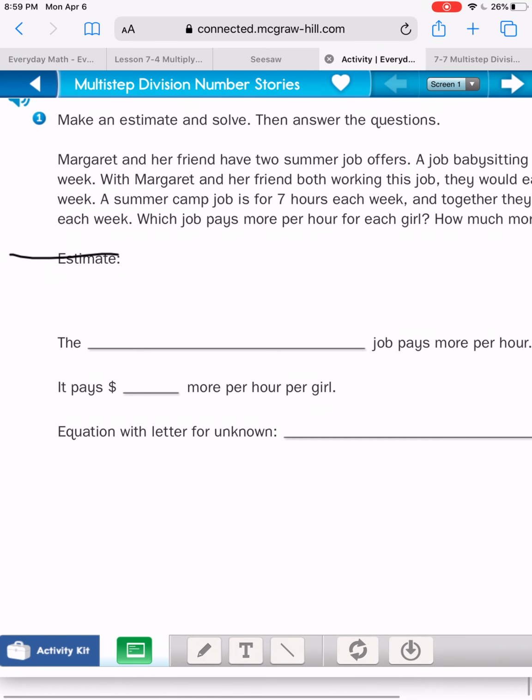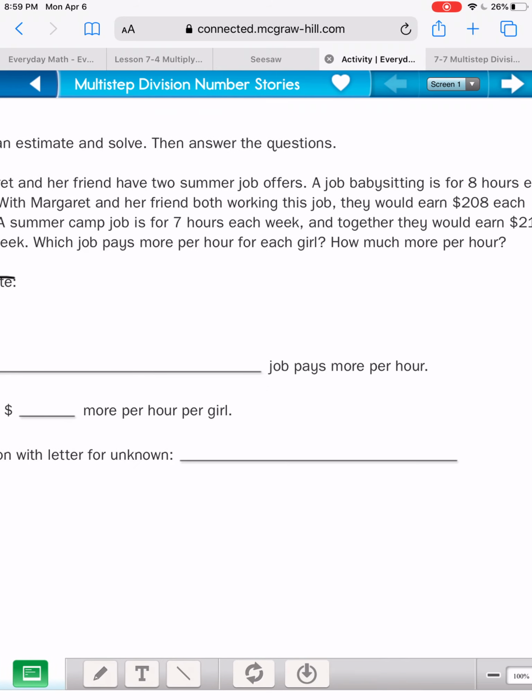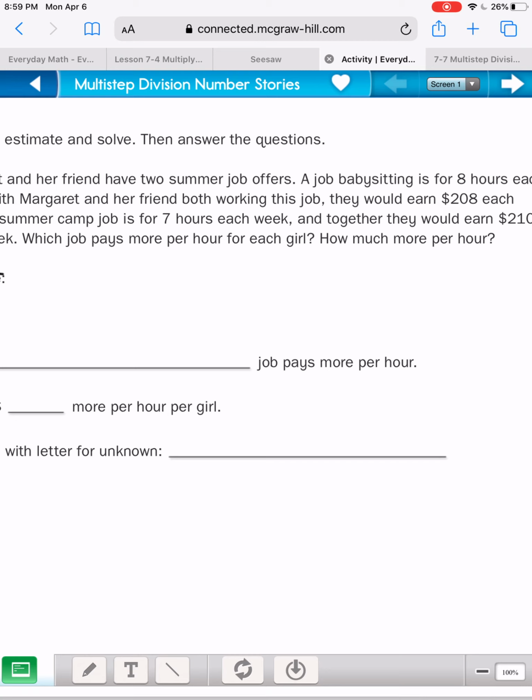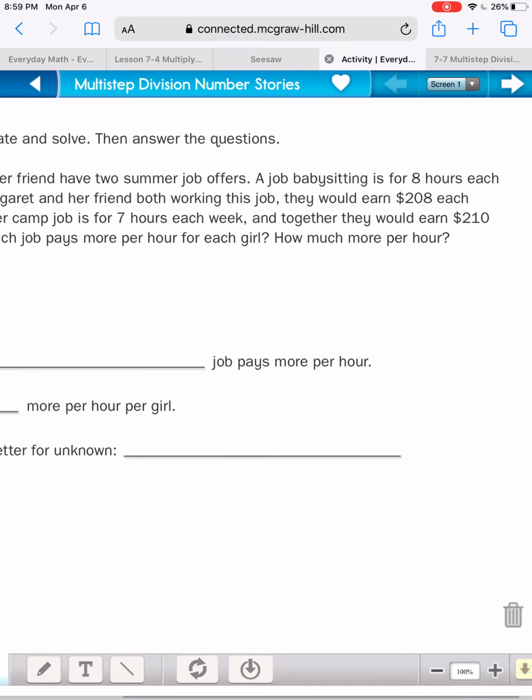The reason I'm telling you it's a little bit more is because you're going to have to decide which one they're going to make more money at. I could tell right off the bat that the summer camp job is going to pay more, because you're working 1 less hour per week than the babysitting, and the total amount is $2 more.